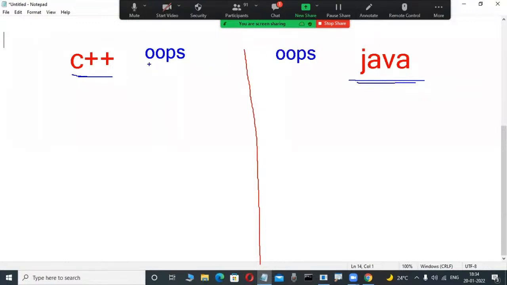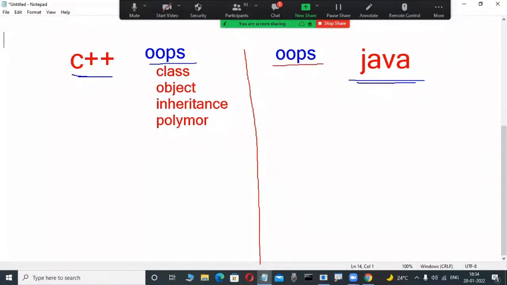OOPS concepts mean, maybe some fellows have an idea, class is a concept. Object is a concept. Inheritance is a concept. Observe here, polymorphism is a concept. Same here in Java also. What is class?